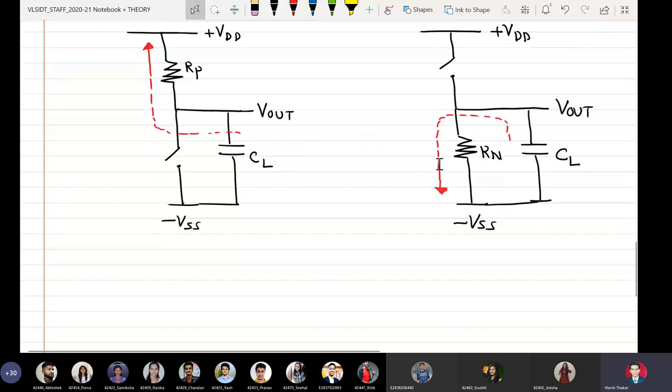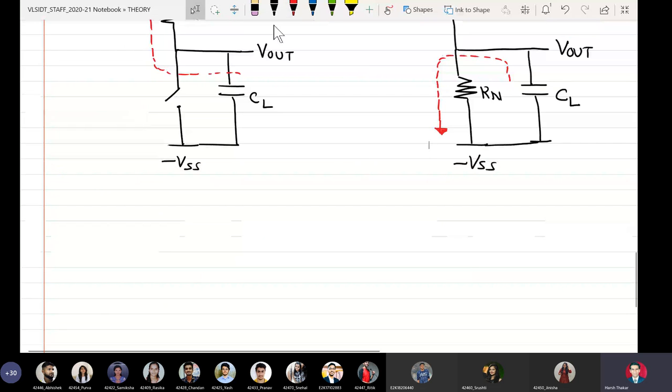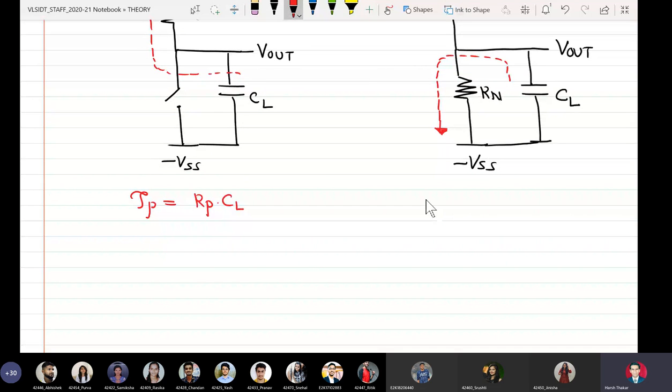Very natural, you are in final year, you know that the capacitor CL will charge towards VDD with a time constant RP into CL. So the time constant tau P is equal to RP into CL, while the discharge time constant tau N is equal to RN into CL.